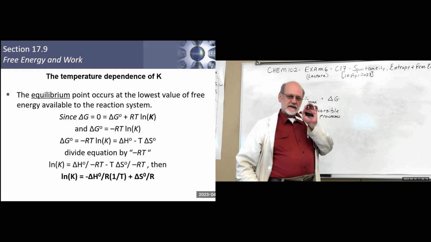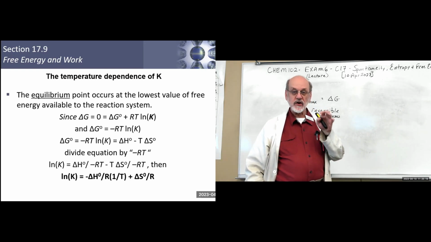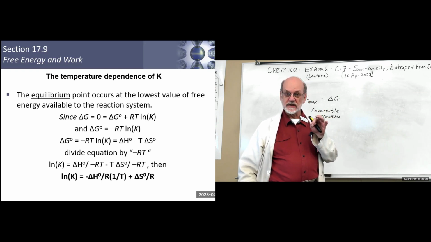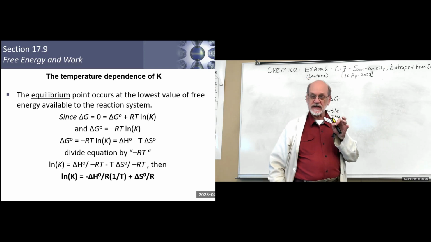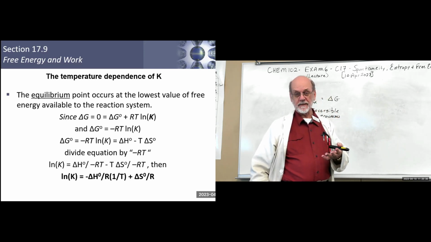So since the equilibrium point for a reaction occurs at the lowest value of free energy available to the reaction system, that is delta G equals 0, that's the lowest value possible.